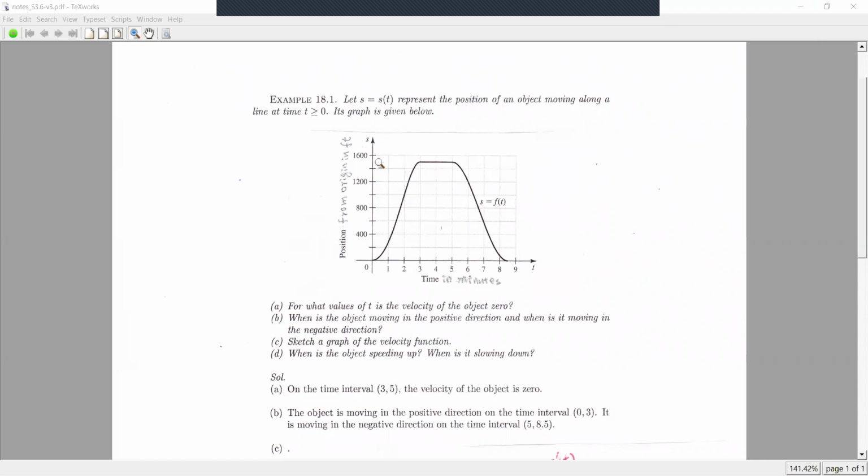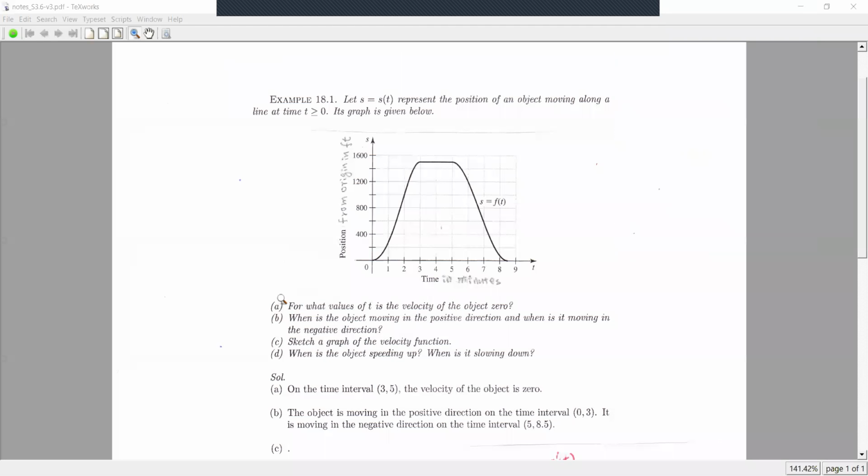It is about 1,500 feet. So between 3 and 5, the object doesn't move. Therefore, the answer to part A is: on the time interval from 3 to 5, the velocity of the object is 0.